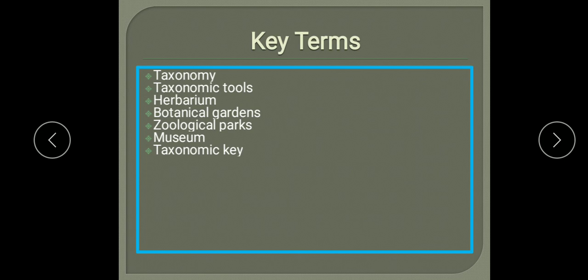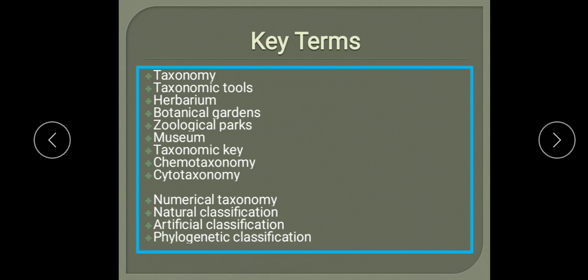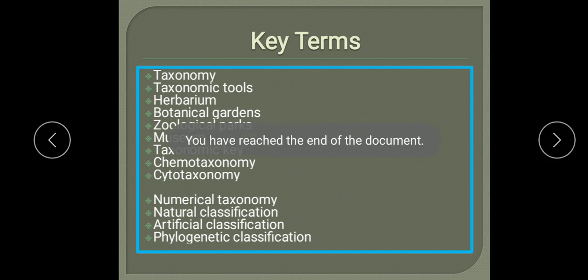Then the taxonomic key, its use and an example, chemotaxonomy, cytotaxonomy, numerical taxonomy, then the systems of classification, that is natural, artificial and phylogenetic systems of classification.